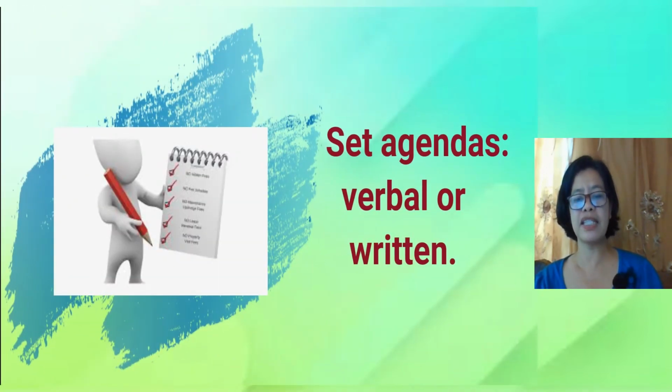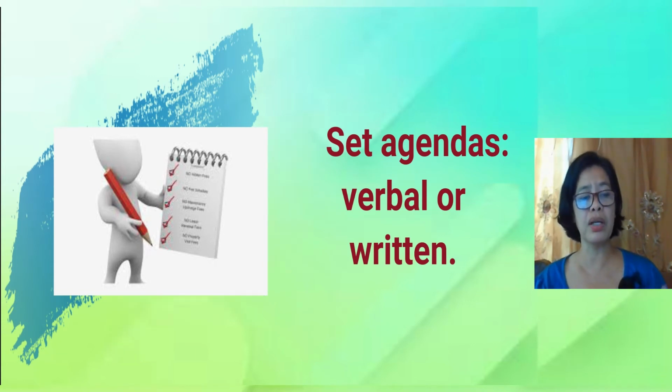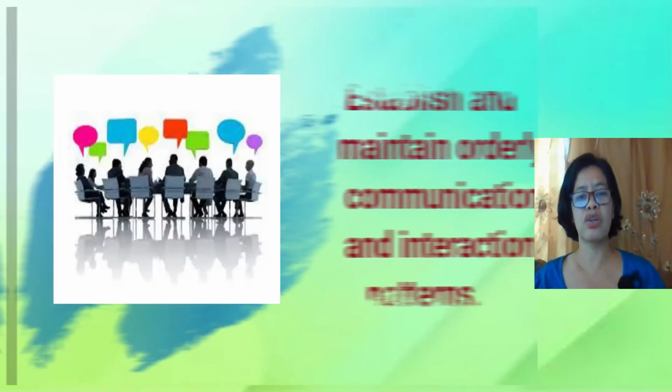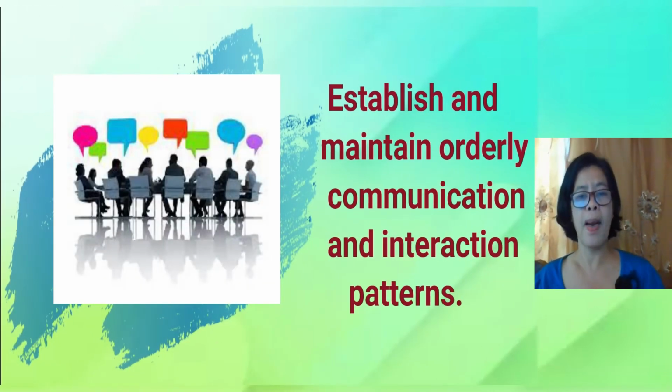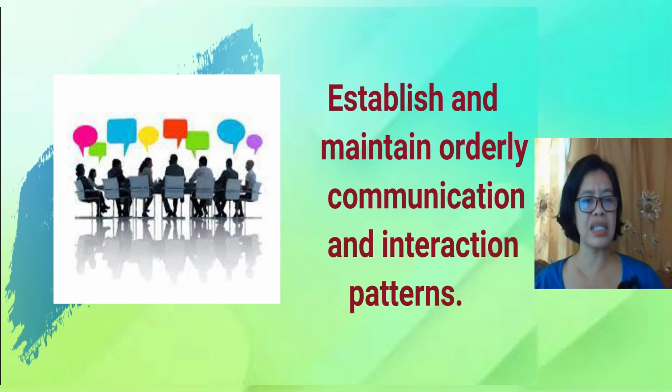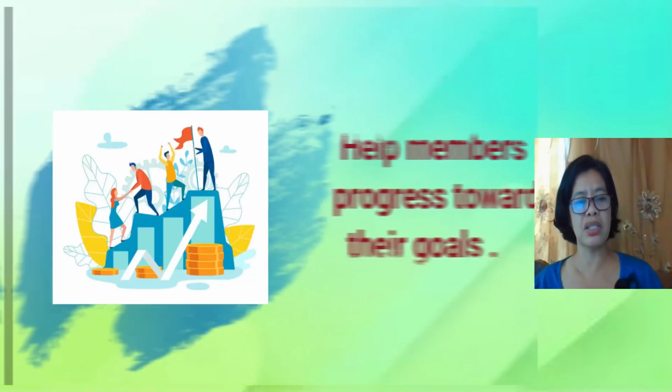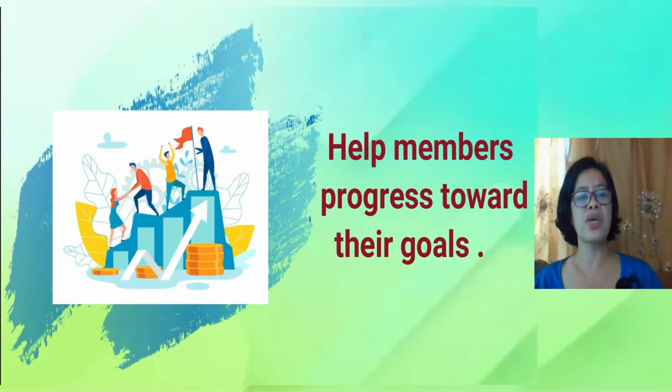Then establish and maintain orderly communication and interaction patterns. So as a worker, we need to know how to direct the traffic in the communications of our members. Next, we have to help our members progress towards their goals, so we have to assist them. We have to be there because even if you are the worker, we are there as facilitator.